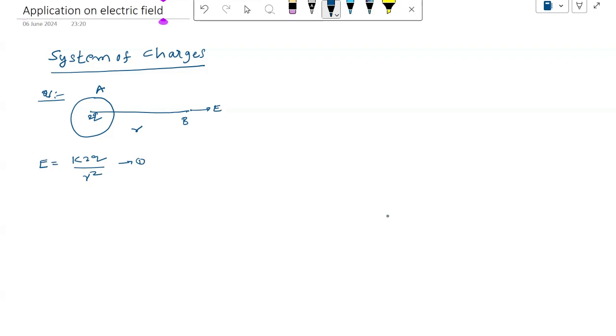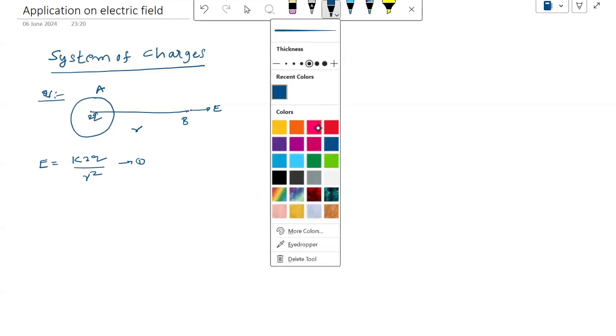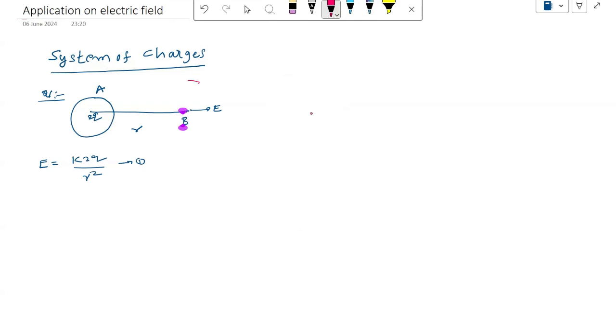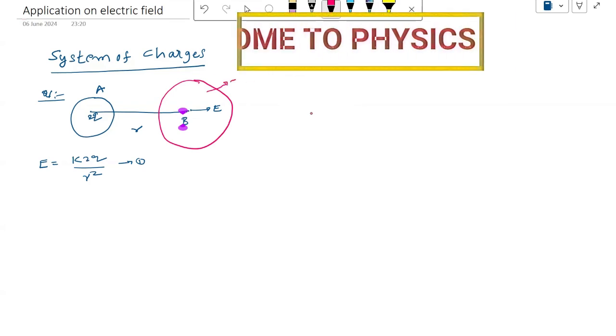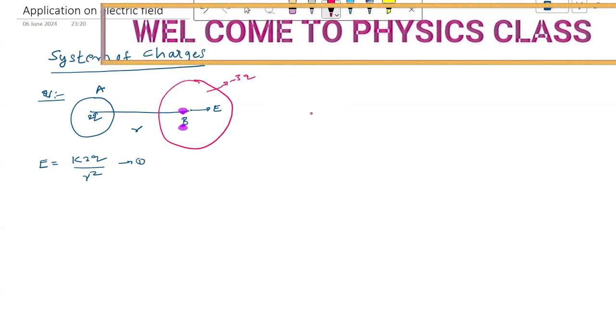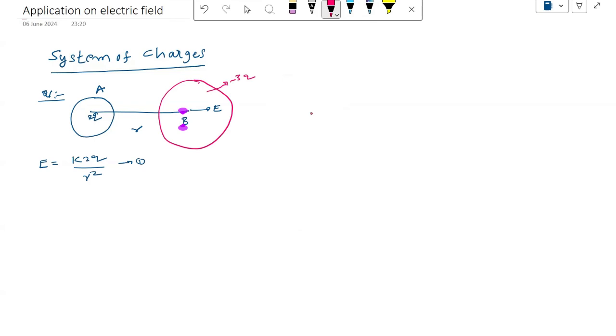Now what they are asking is, at point B we are placing another sphere B as center, and the charge is equal to -3Q. Now asking to find the field at the midpoint, R by 2 and R by 2. At this midpoint, field E is how much?